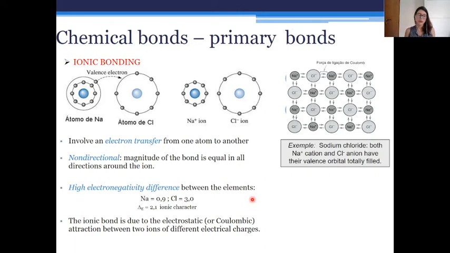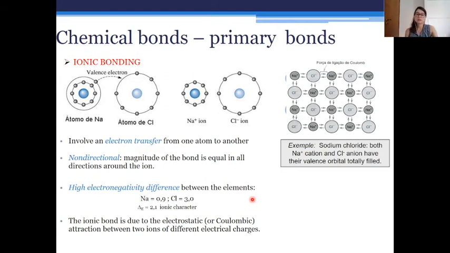Due to the fact that they have a high electronegativity difference, or I can say they are placed in very different positions and columns that we already introduced in the periodic table, one is able to give electrons, the other is able to receive electrons.